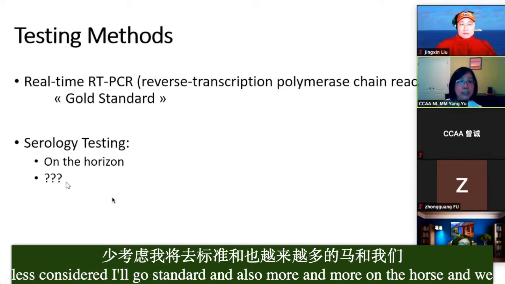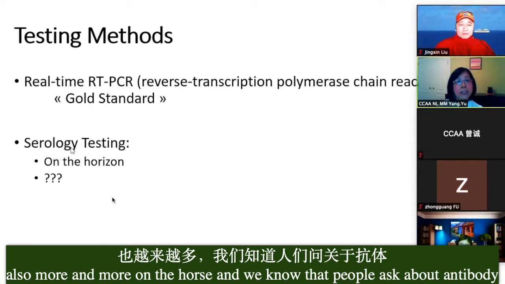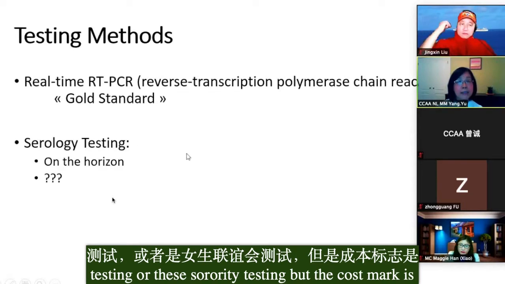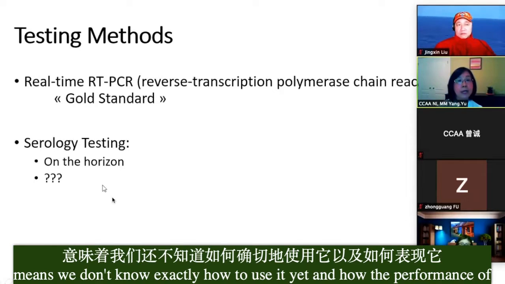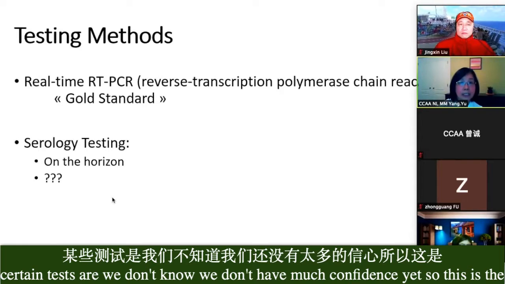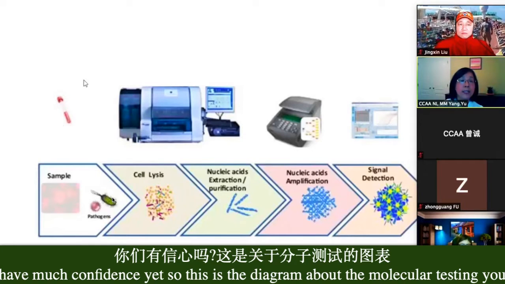And also more and more on the horizon, we know that people ask about antibody testing or serology testing. But the question mark is that we don't know exactly how to use it yet, and how the performance of certain tests is. We don't have much confidence yet.